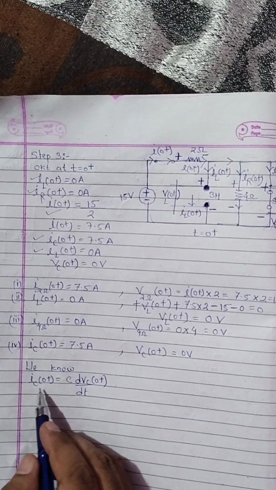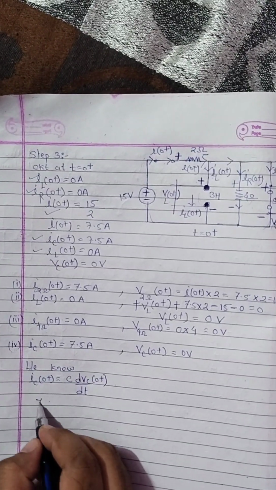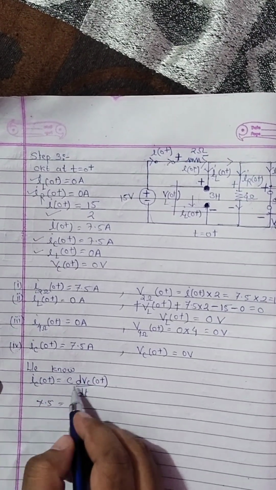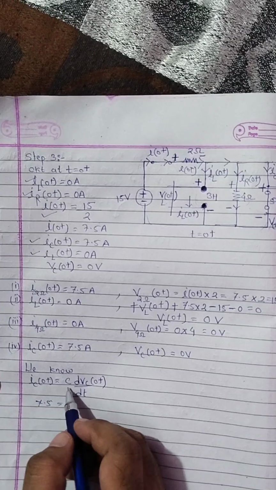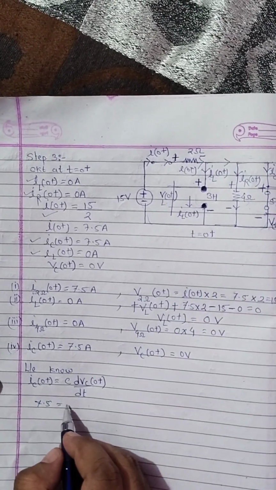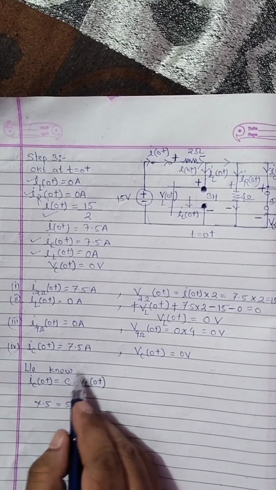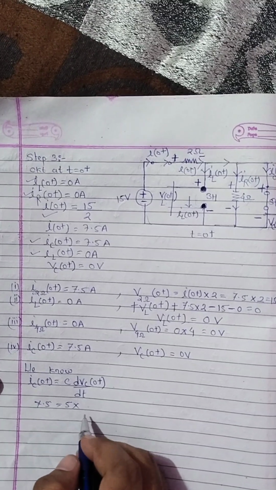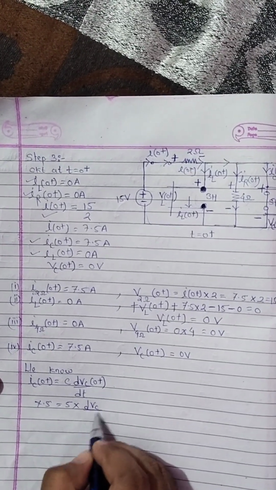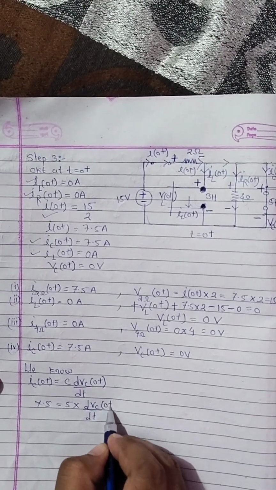So we know IC0 plus equals to 7.5 equals to the capacitance 5 farad into dVc upon dt 0 plus, which we have to calculate.